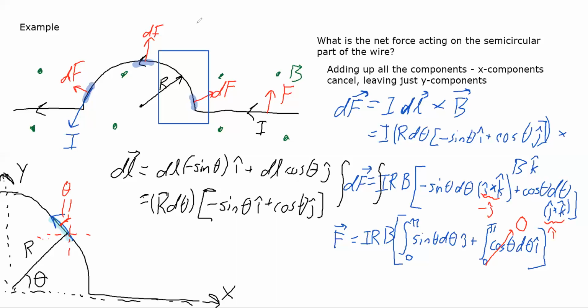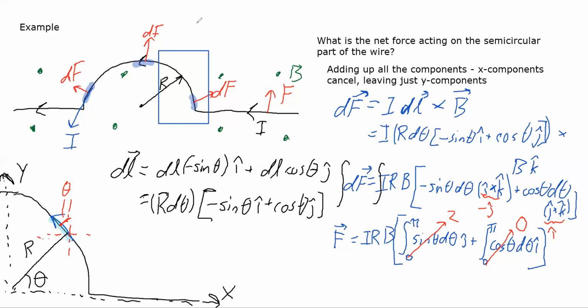That integral of cosine theta with those limits, 0 to pi, gives you a 0, and then what we're left with is the other integral, integral of sine theta. I believe that gives you a negative cosine theta, which then, when you plug in those limits, gives you 2.